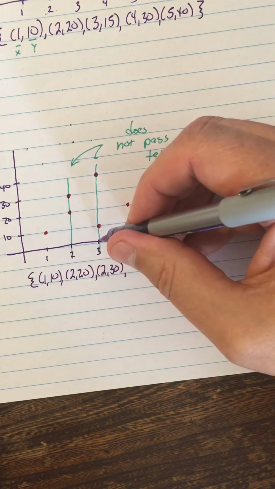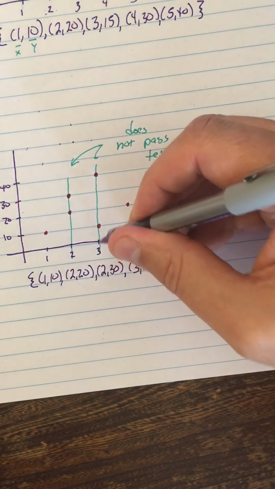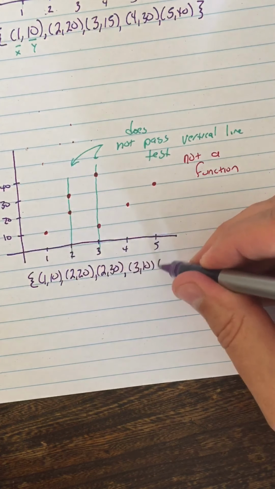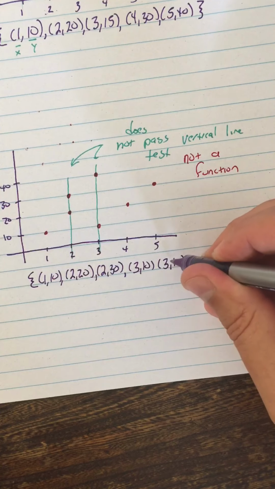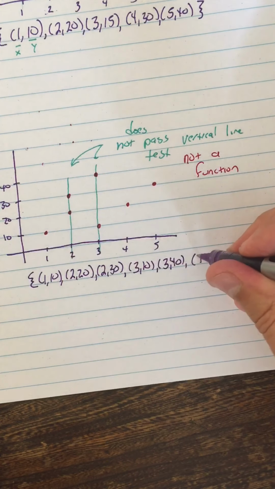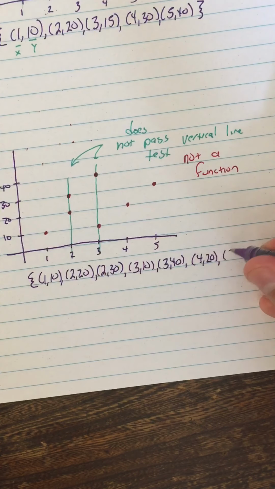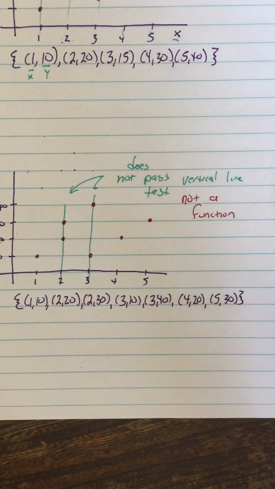But we'll go ahead and write the points anyway. We have (3, 10), (3, 40), (4, 20), and we have (5, 30). Okay, so there are the points for that one.